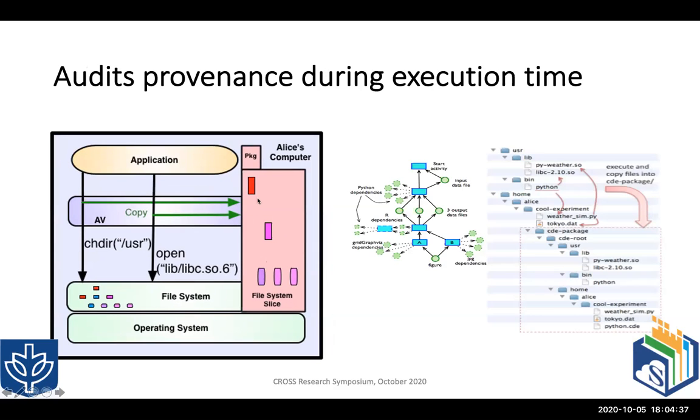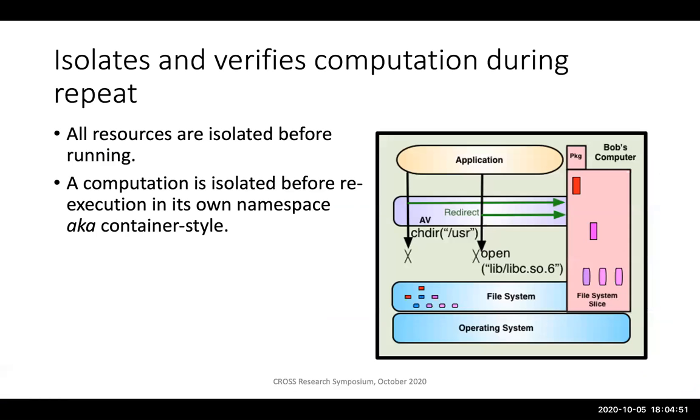You can also do it like that without needing containerization as such. A little bit more detail: while we are observing, we also capture its provenance graph, and we create this directory structure. So over here, Alice is using the file system, and the file system is exactly created over here. But we create a container as such, in the sense that when the application is rerun, it's run in an isolated manner.